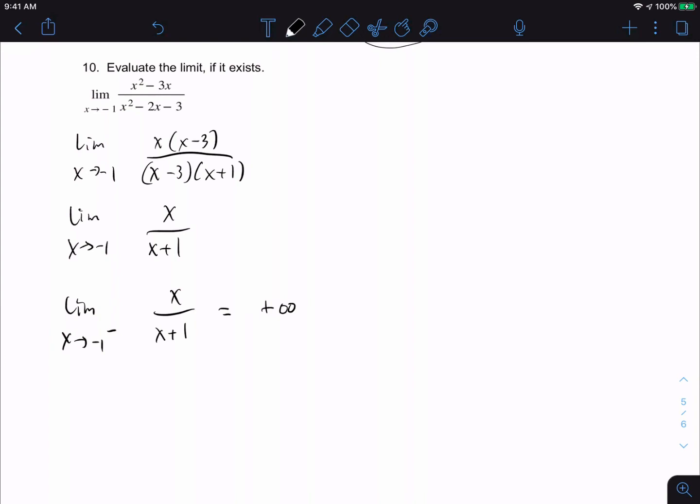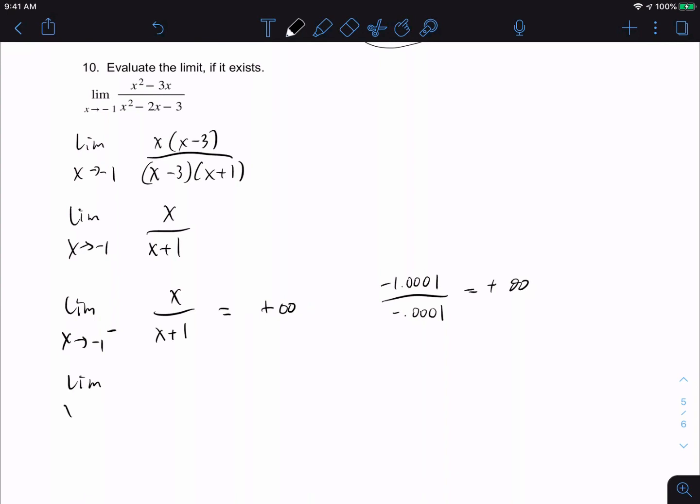Because the top number is going to be a negative number, and then the bottom is going to be a very small negative number, which is going to explode it to positive infinity. If I use -1.0001, the denominator would be a small negative -0.0001, but negative over negative yields positive infinity.